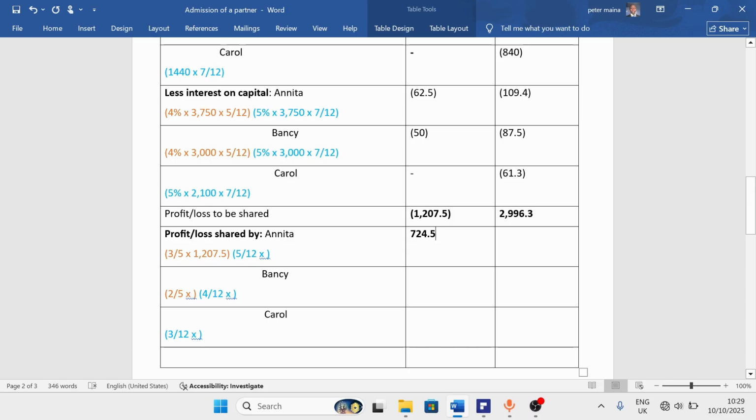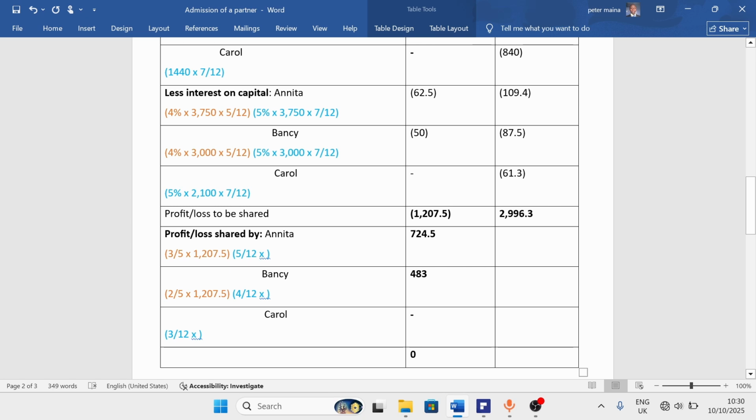And then Bansi is going to take 2/5 of the same loss, which is 1207.5. So let us calculate that. 2 divided by 5 times 1207.5 gives us 483. So for Carol, during the first period, she will not have any share. So at the end of the first period, the loss will be shared and we will be left with 0.